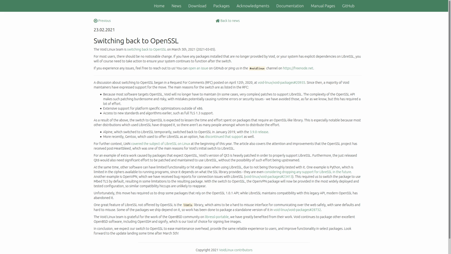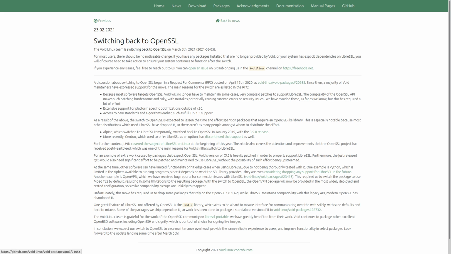So this one is probably a bigger deal because Void Linux was that distro that was known for having LibreSSL by default and for maintaining some of those complex systems of patches that were necessary to keep things going, which, despite all of the hard work that the maintainers of Void Linux put into it, one of the results was that only a handful of packages had official support on that distro, which I guess is fine if you're going to go with a very minimal system anyway, which is probably what people that are trying to install Void Linux are looking for.